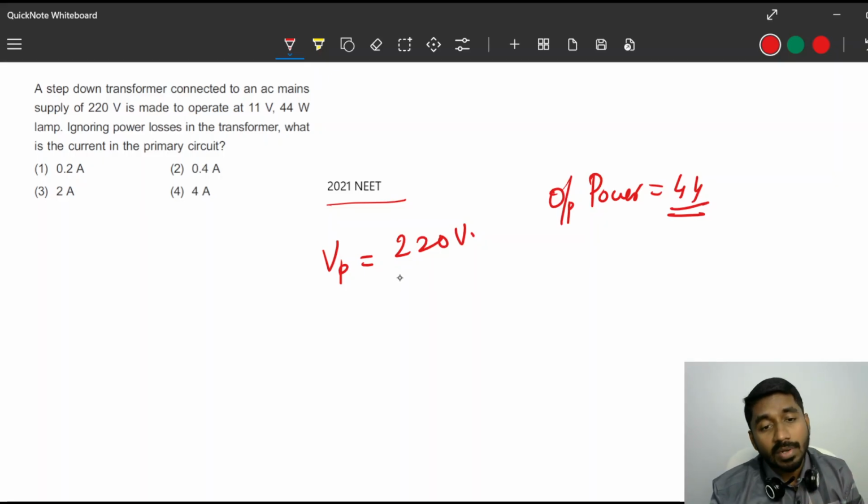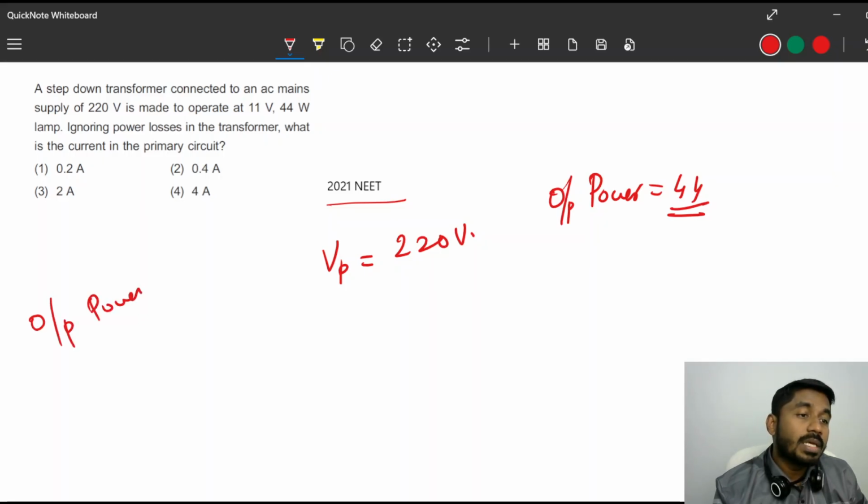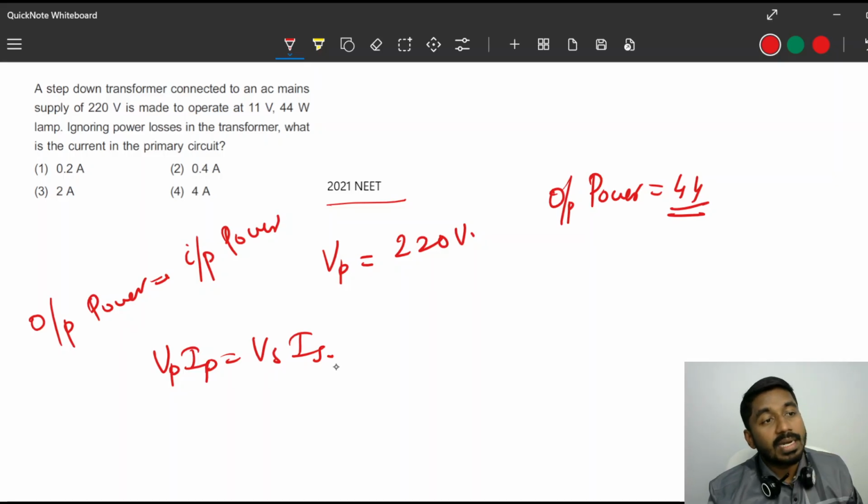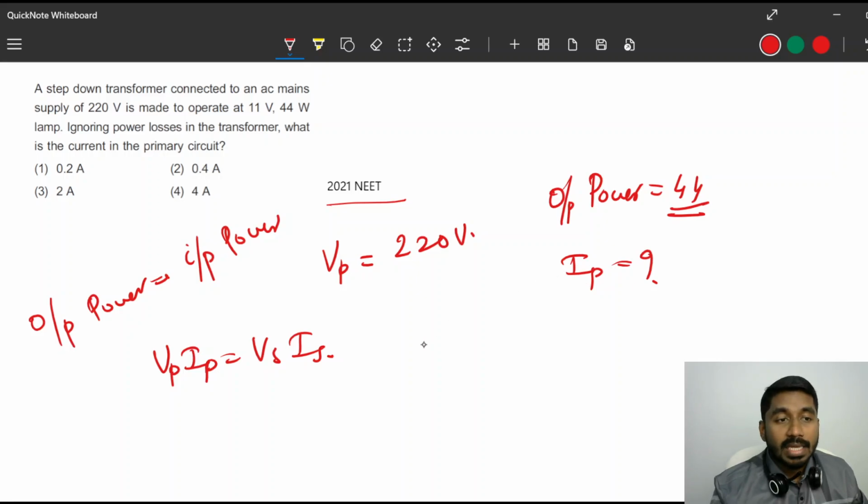Ignoring power loss in the transformer means the output power will be equal to the input power delivered. So we can write the equation Vp Ip is equal to Vs into Is. We need to find the current in the primary, Ip.